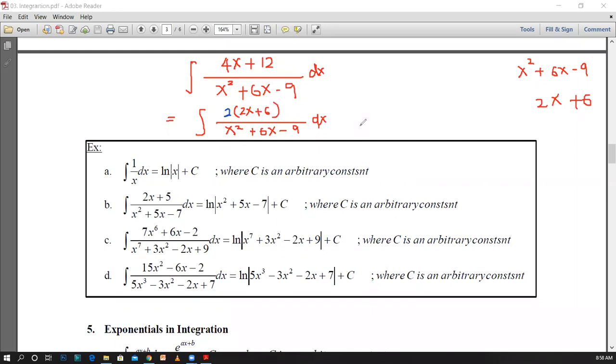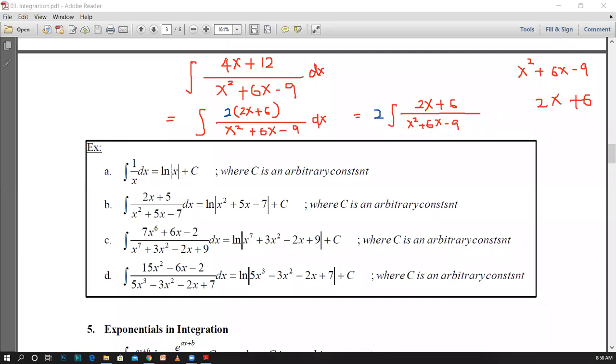Since this 2 is a constant, I can directly take it out of the integration. Then the remaining would be the integral of 2x plus 6 over x squared plus 6x minus 9. I can take this constant out of the integration according to the very first rule that we have discussed.